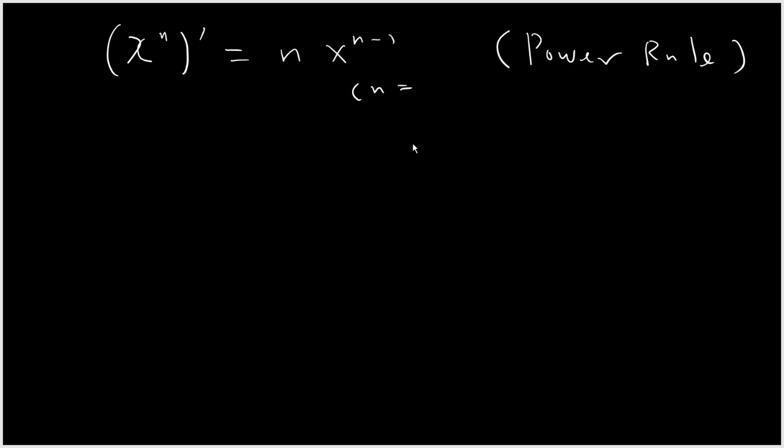The only restriction on n is that it is not equal to 0. n can be 2, can be -5, can be 0.3, can be 1/2. As long as n is not equal to 0, n can be any fraction, any real number.